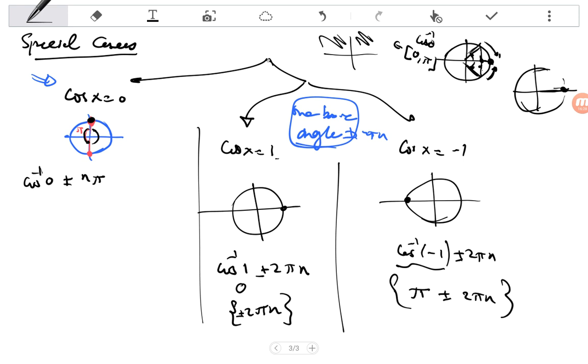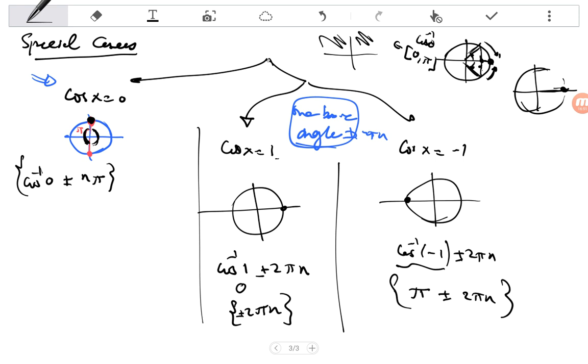Why? Because in this case the difference between the two basic angles is exactly pi. So the description of the solution is just easier. We just have one of them and add pi, another pi, and so on.